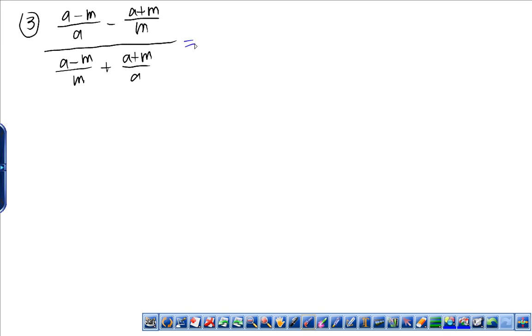Or what I would do, a more simplified way, is find the common denominator on the top and on the bottom. It looks like your common denominator on the top would be am. The common denominator on the bottom is am.